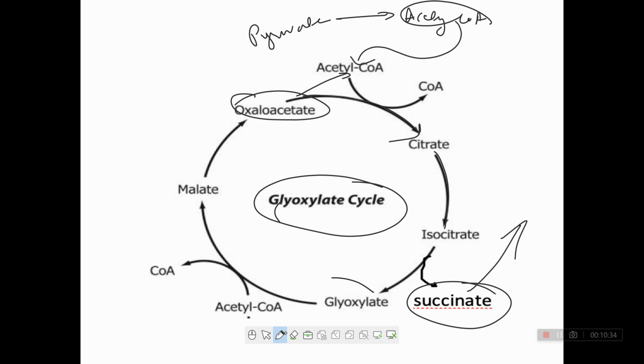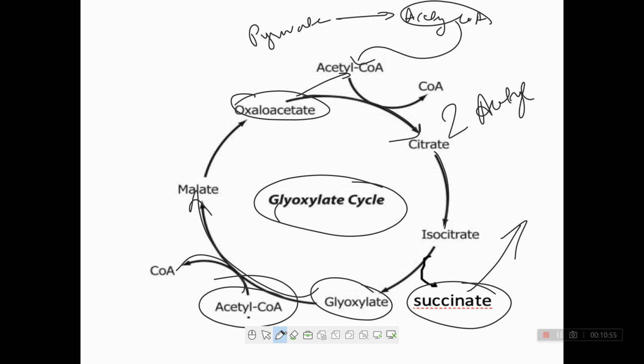And here glyoxylate is converted into malate, and during this conversion one molecule of acetyl coenzyme A is used.